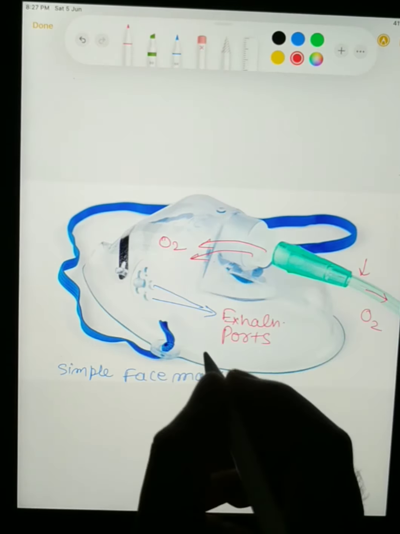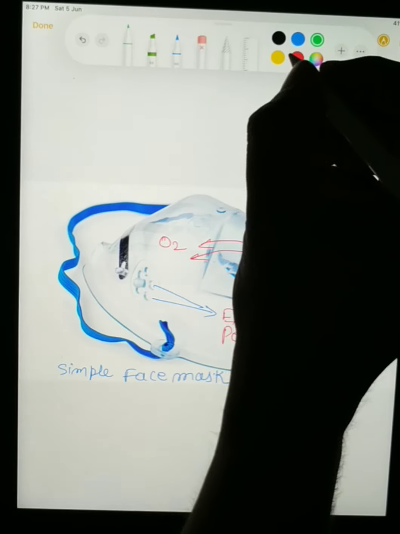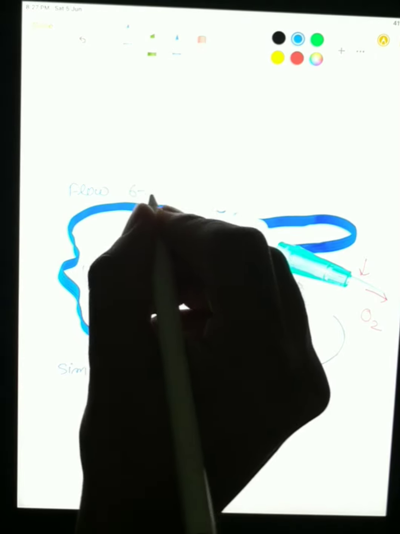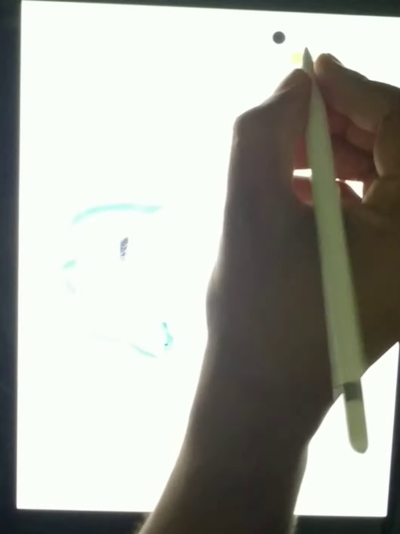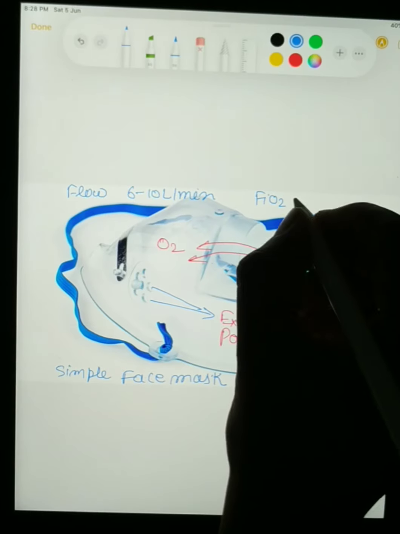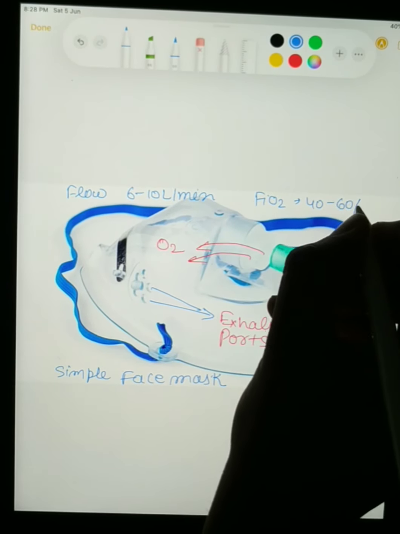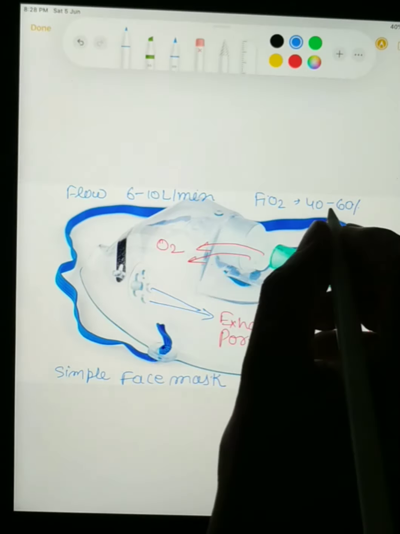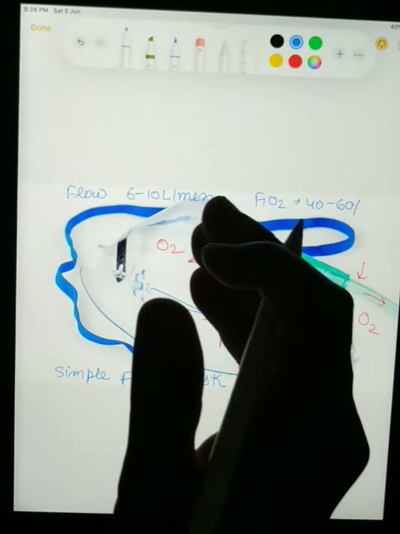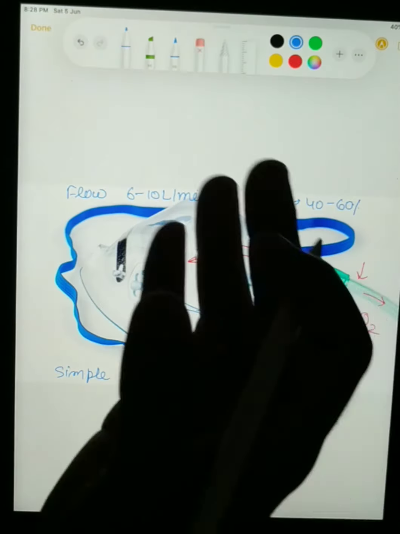The flow we can give through simple face mask is 6 to 10 liters per minute, and maximum FiO2 we can achieve is 40 to 60%. Same as in the nasal prong, if we increase the flow to more than 10 liters per minute, more of the air is drawn from the environment, and there will be no increase in FiO2.